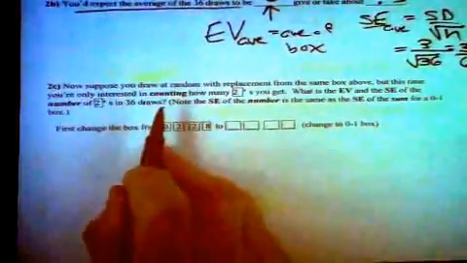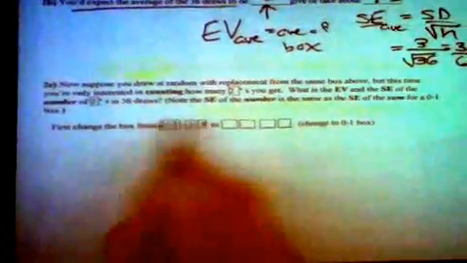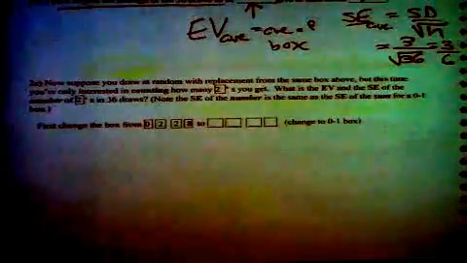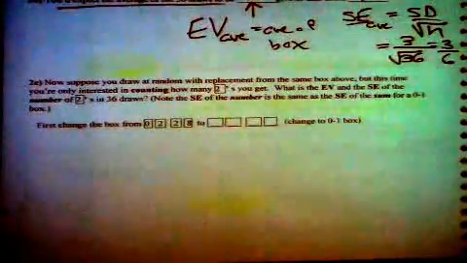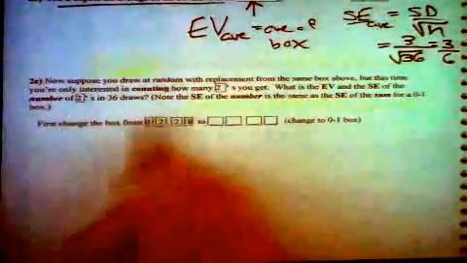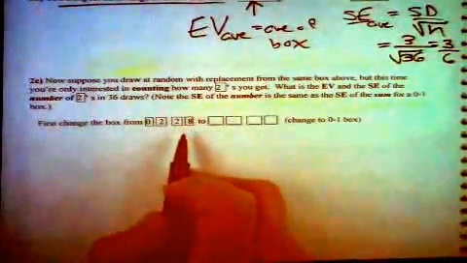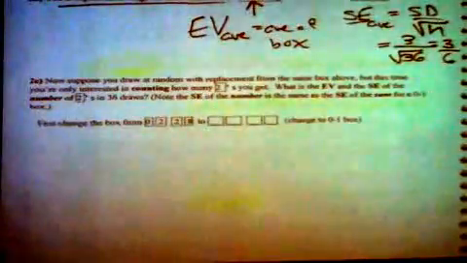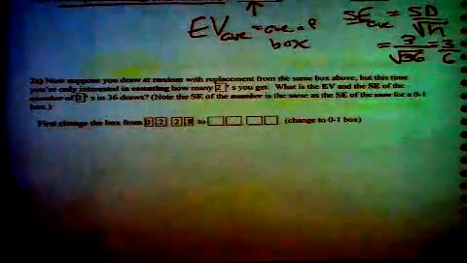Not the sum, but how many 2s in 36 draws. And give or take what? The simplest thing to do, if you just look at it, in 36 draws, you know you're going to get half 2s, because half the box is 2s. So you know it should be half of 36, which is 18.